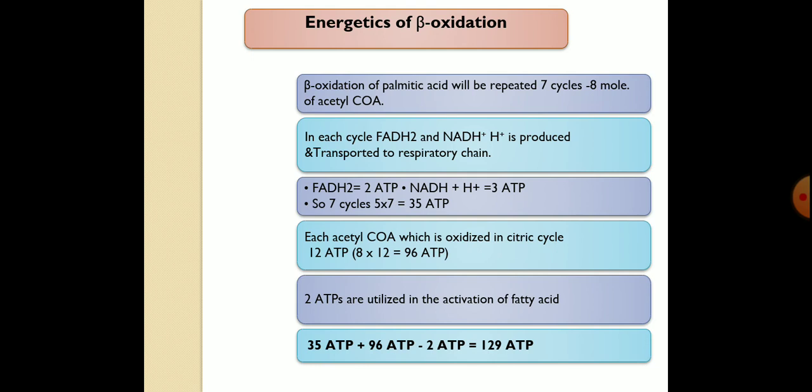Hence, the net gain of beta oxidation is 35 ATPs plus 96 ATPs minus 2 ATPs, which equals 129 ATPs. That is, huge amount of energy is generated with the entire beta oxidation of one molecule of palmitic acid.